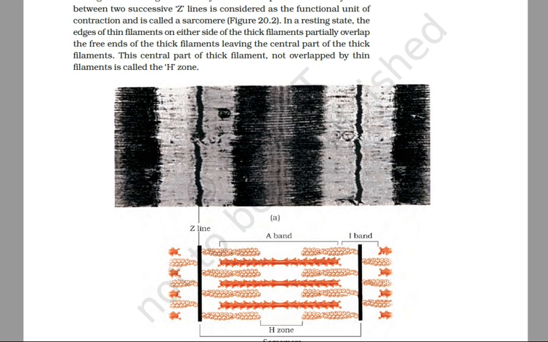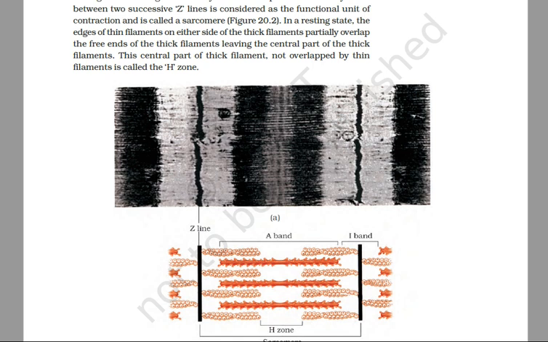It is formed by the threads which connect the myofilaments. Therefore, on this screen, you can very well see the Z line, and the distance between two successive Z lines is the functional unit of the myofibril, called the sarcomere. So this portion of the myofibril just between the two successive Z lines, which are seen on the screen, is called the sarcomere.